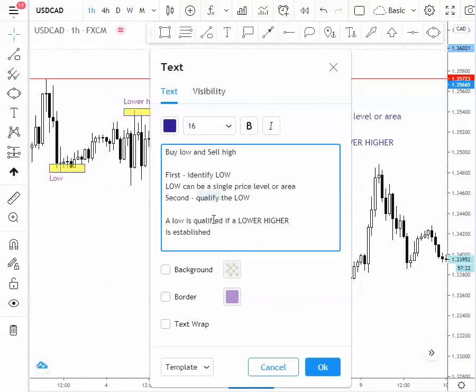A low is qualified if a previous lower high that is established is taken out. So a low is qualified when a previous lower high is broken.